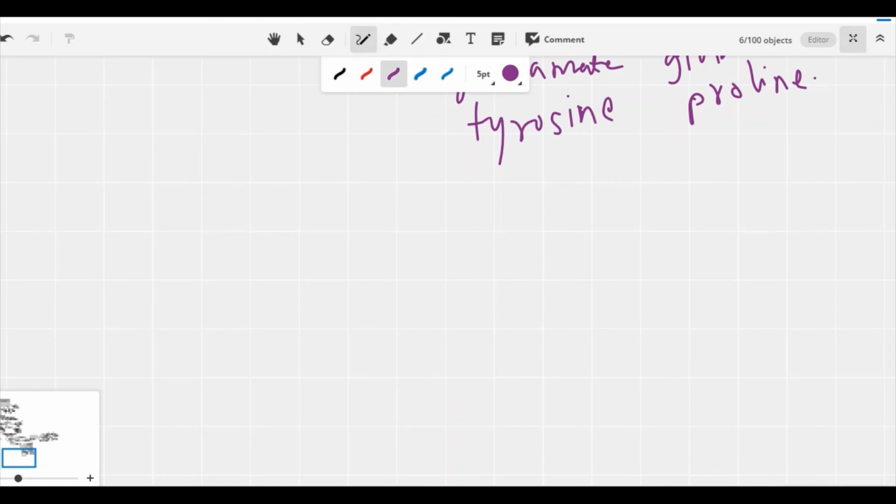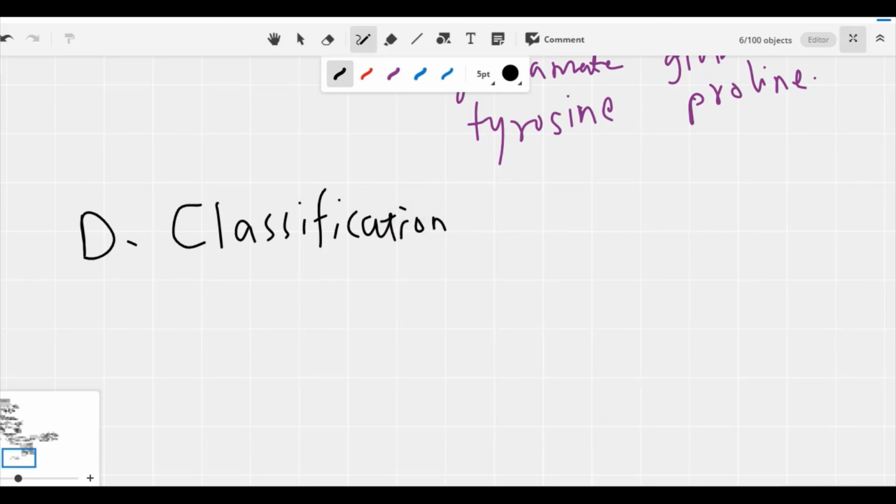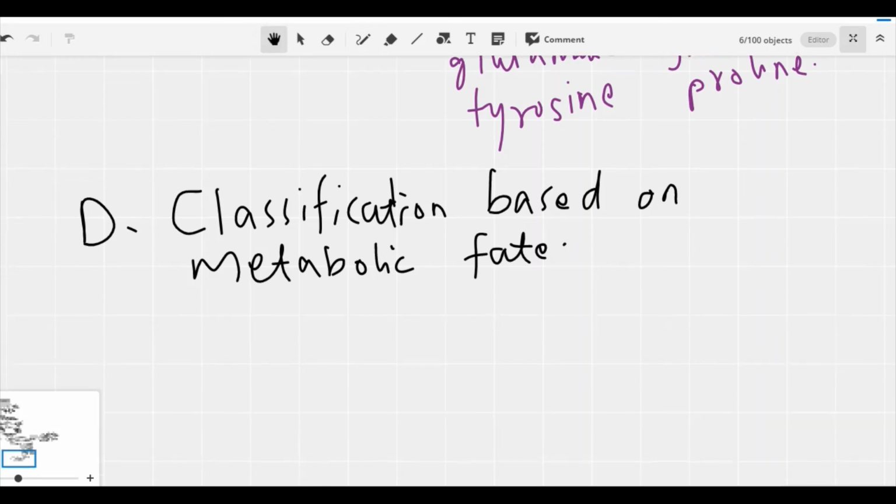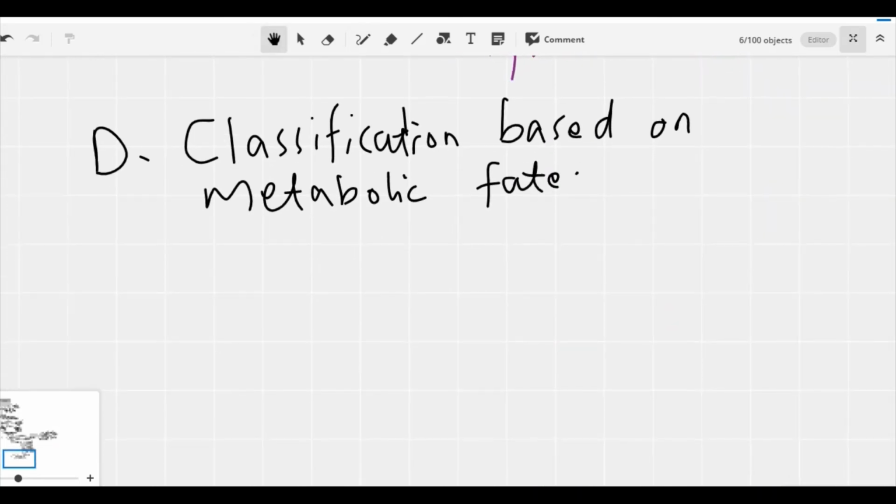Okay, now the fourth one, classification of amino acids based on their metabolic fate.